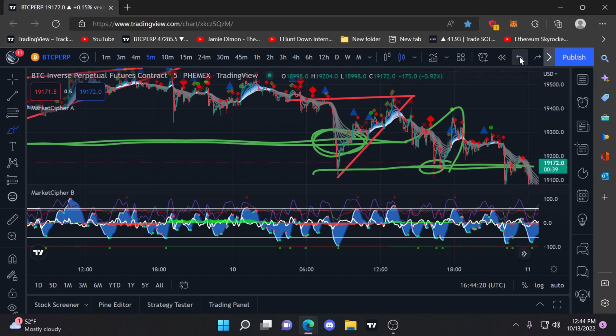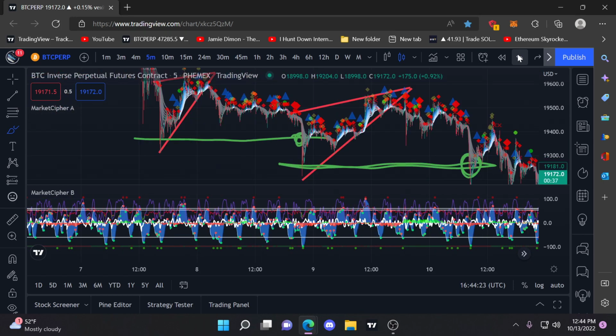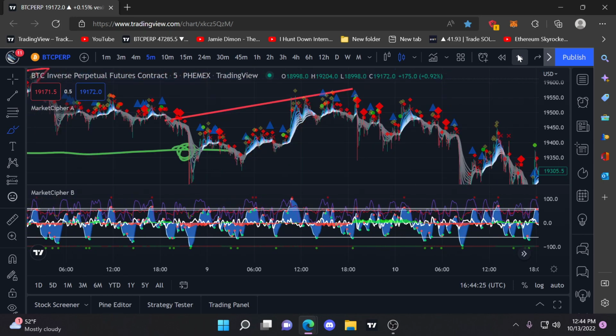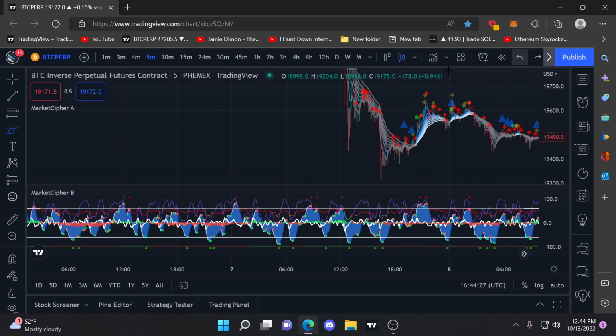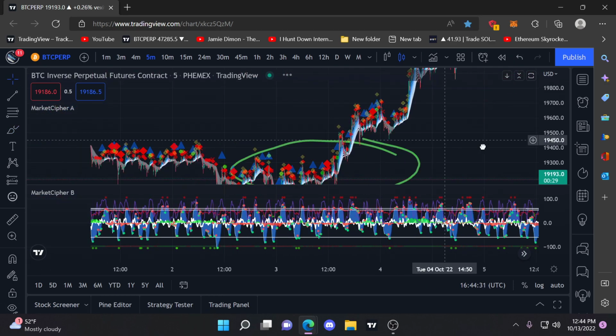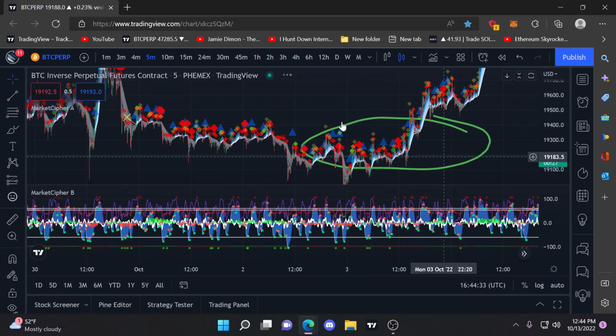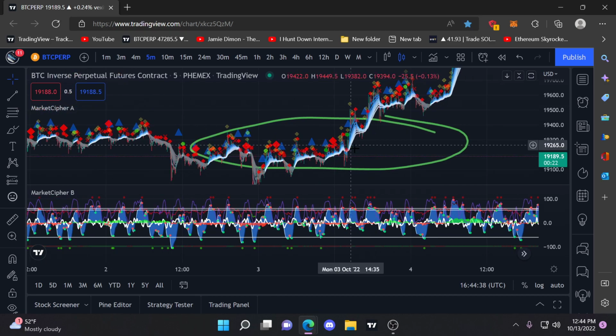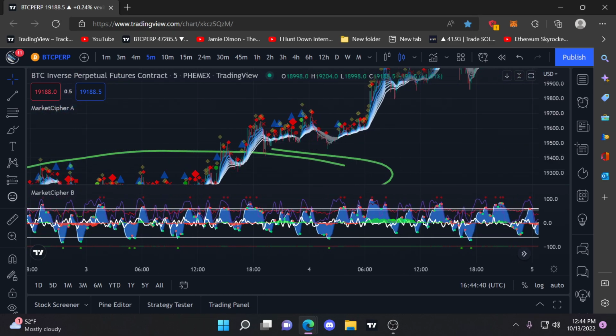As you can see, they're pretty well everywhere. Now, from right over here on our 1 hour, we got our cross, so now we are just looking for falling wedges.